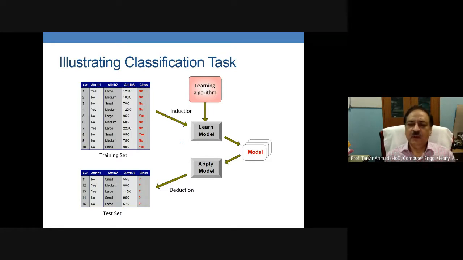Then you apply the model on the test set and try to deduce. Here you find question marks, which have to be filled with a value, yes or no. This is how you apply the model.